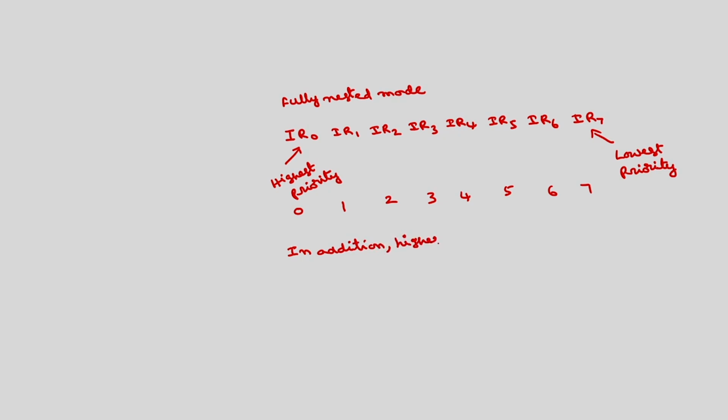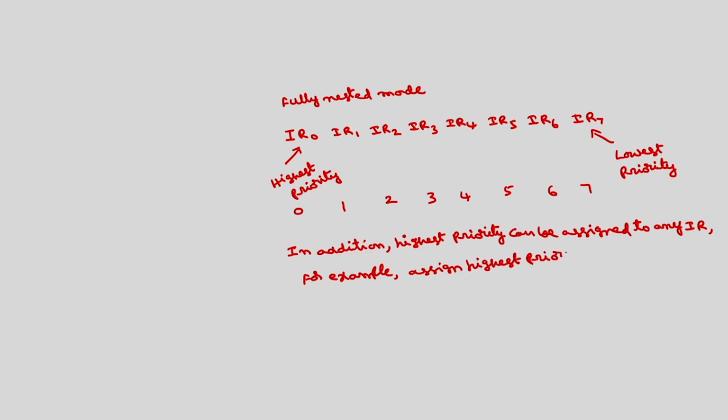For example, if I want to assign the highest priority to IR2, then in the sequence we have IR0, IR1, IR2, IR3, IR4, IR5, IR6 and IR7.